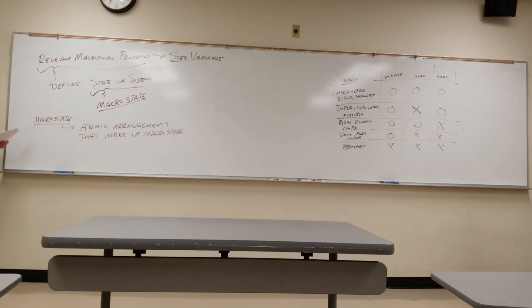Now, in the room right now, we might say the air in the room has the state variables temperature, pressure, and volume. If we take a snapshot, we know where all the molecules are. But we wait a second, take another snapshot, they're in a different position. The microstate has changed, but the macrostate has not.